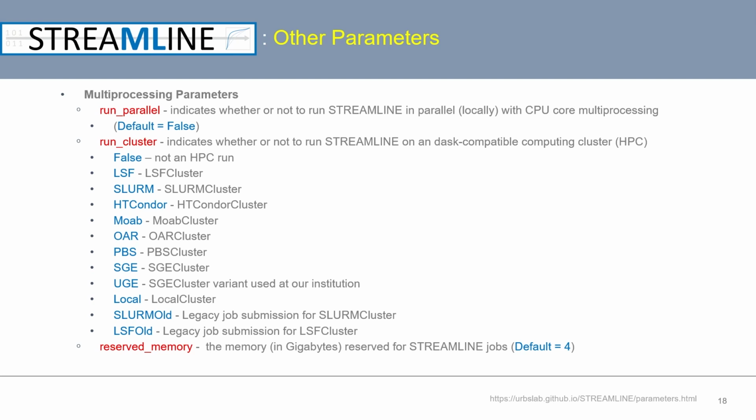This is set with a default of 4 gigabytes. And queue, another important HPC run parameter, indicates the specific queue within your HPC where your STREAMLINE jobs will be scheduled to run. The name of this queue will be specific to your computing environment. Again, for any further details, check out this link going into STREAMLINE run parameters in even greater depth.